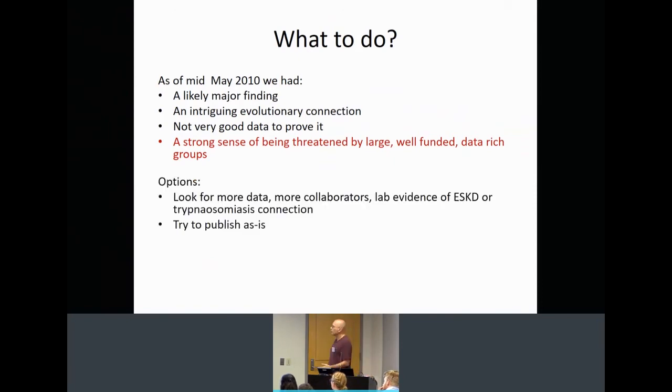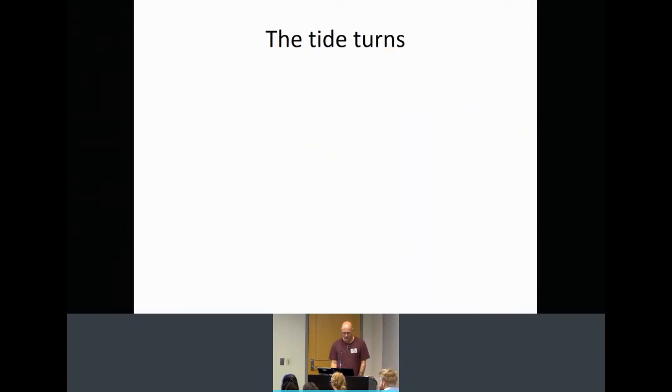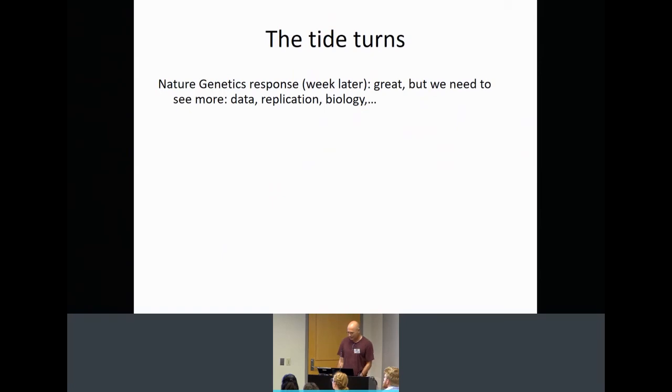So what could we do? We could look for more data, more collaborators. We could try to find a way of doing the biology in the lab, or just try to publish what we have. So we decided to try to publish what we had, and ambitiously sent it to Nature Genetics. And they, as expected, replied, this is very nice, but it's not really solid.